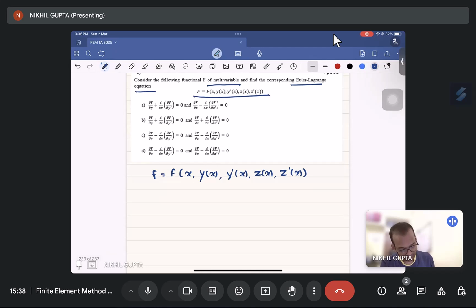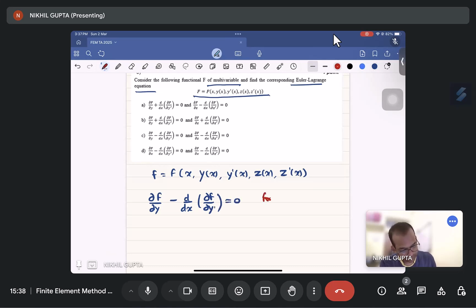Since it has y also, z also, we know for univariate, this is the Euler-Lagrange equation to solve and get the differential equation.